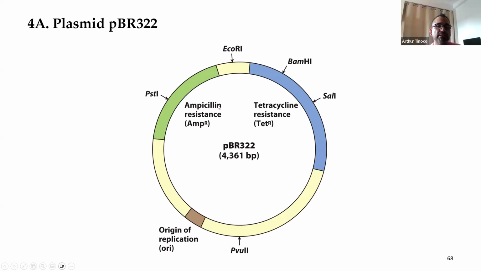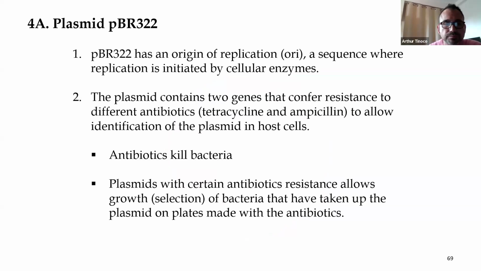What that means is that it's resistant to the antibiotic ampicillin. Over here, you have a sequence that corresponds to tetracycline resistance, meaning that it's resistant to the antibiotic tetracycline. And so that's going to be important when you're trying to make your recombinant vector and do the cloning process, in terms of what will actually grow.